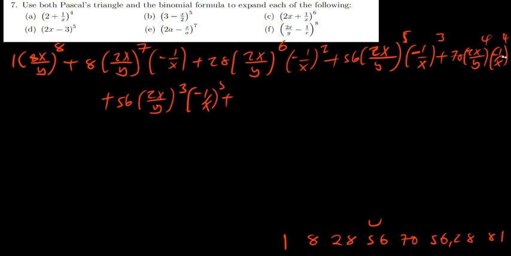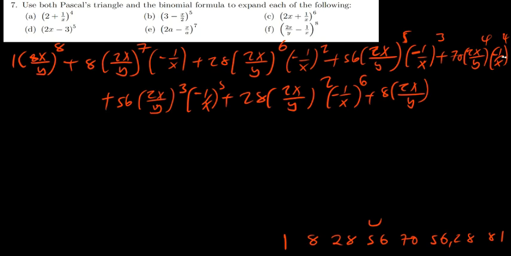So I'm going to have the next coefficient, 28. Then I've got 2x over y now raised to the power 2, negative 1 over x raised to the power now 6. The next one, the coefficient is 8. Then you have 2x over y raised to the power 1. The other one, negative 1 over x raised to the power 7.